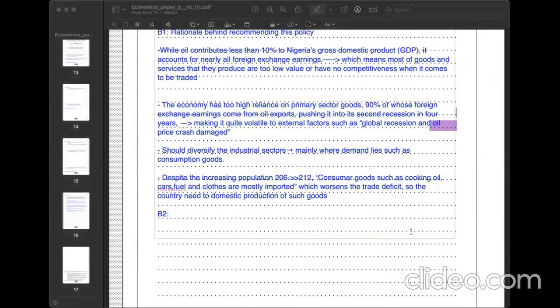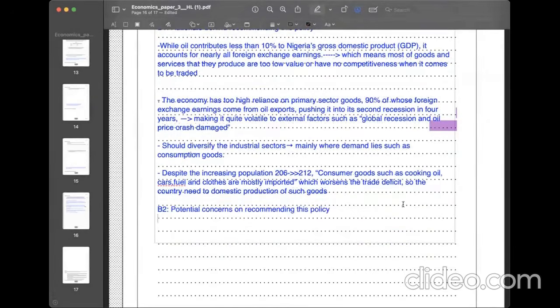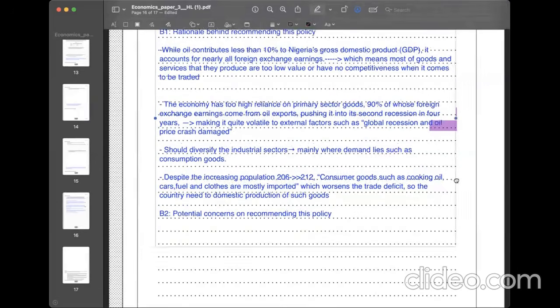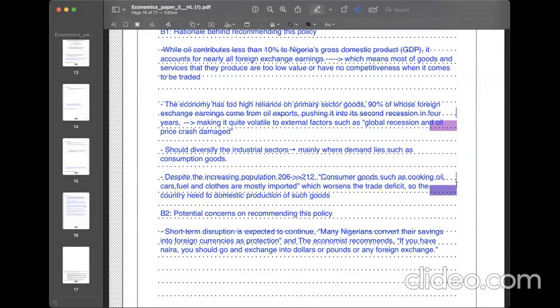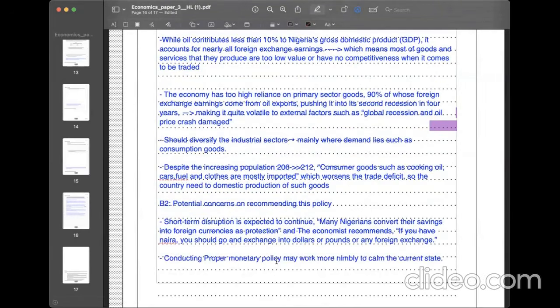Nonetheless, I do mind the realistic situations of this country, which means I am going to point out potential concerns on recommending this policy. Short-term disruption is largely expected and to be continued, since many Nigerians are highly concerned about the currency value at the moment. Conducting proper monetary policy to revalue the currency can work more nimbly or more quickly to calm down the concern of the people.